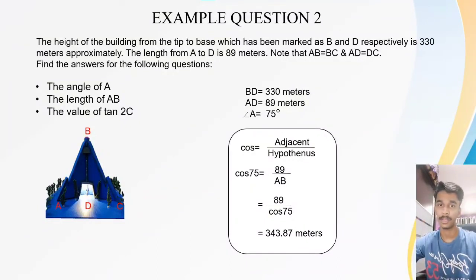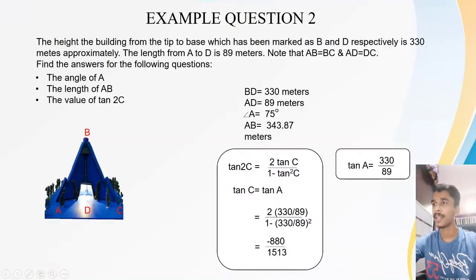Or we can use cos, where the formula is adjacent over hypotenuse. For example, cos 75 or cos A equals adjacent, which is AD, 89 over AB. Now to find the length of AB, AB equals 89 over cos 75, and the final answer is 343.87 meters.